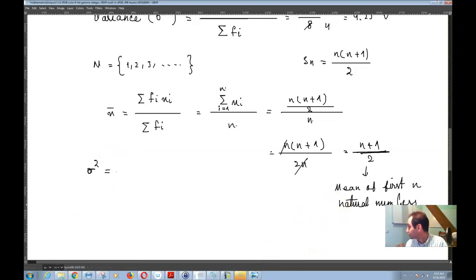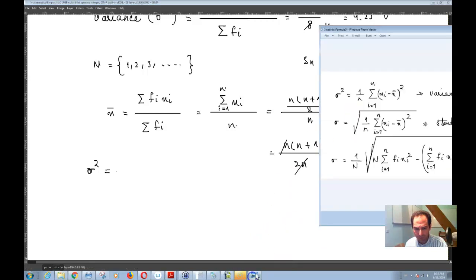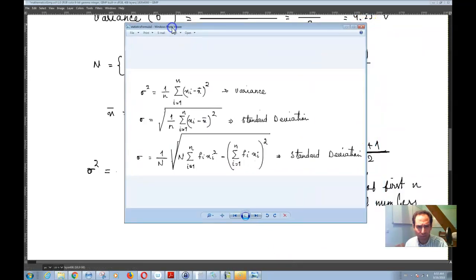That is equal to 1 over n times sigma of the difference between x of i and x bar, and you take the average of that, and of course you raise that to the second power.